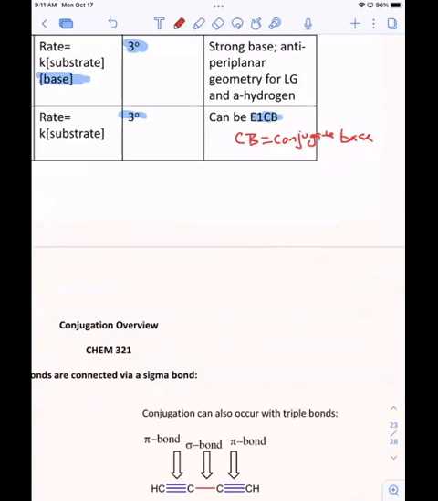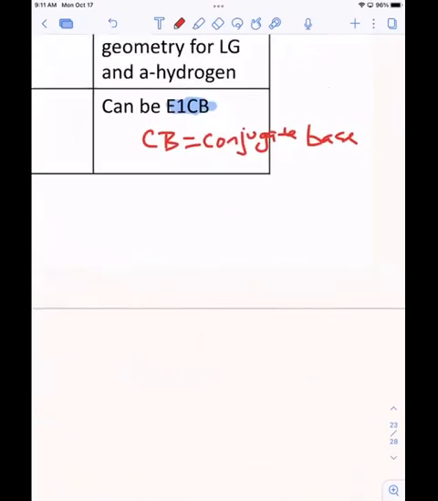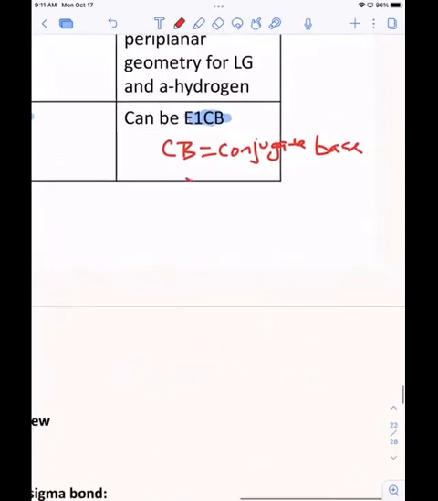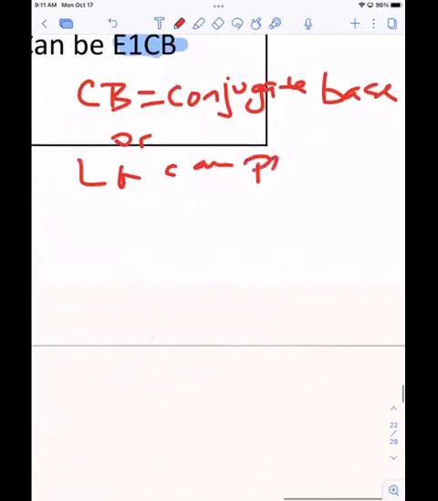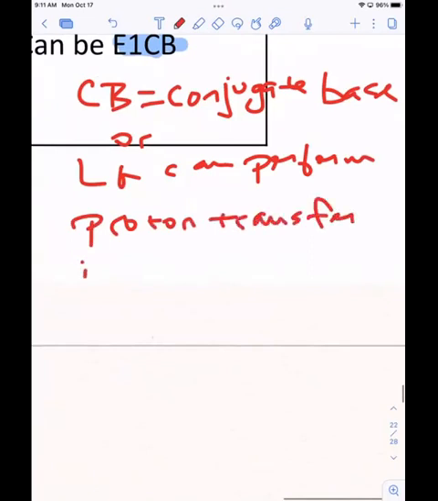It can be the conjugate base, or it can be the leaving group, which in some cases may be water, some cases it may be something else. All right, so the conjugate base or leaving group can do the proton transfer in the elimination step.